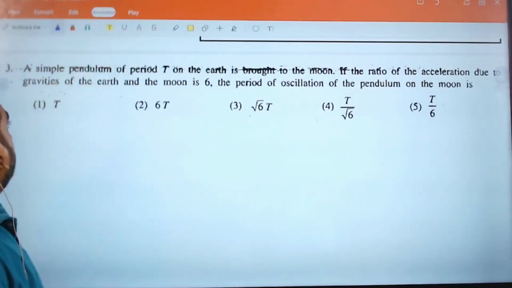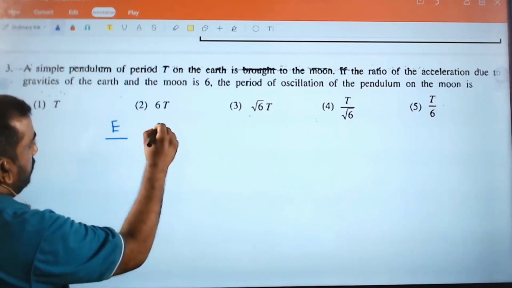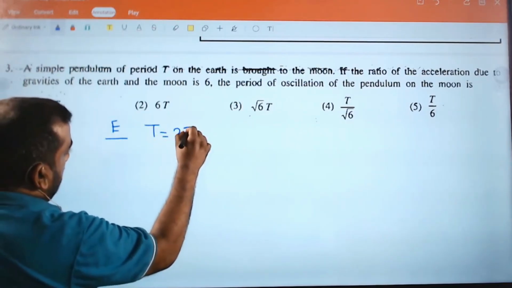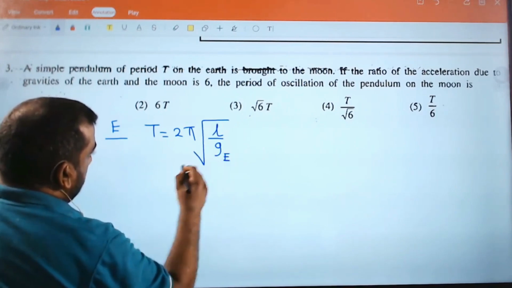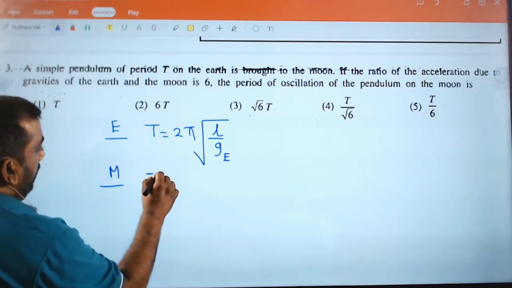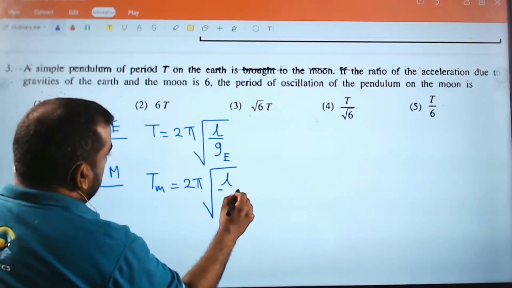Moving on. Third. A simple pendulum of periodic time T on Earth is brought to the moon. The ratio of the acceleration due to gravity of the Earth and the moon is 6. What is the period of oscillation of the pendulum? On Earth, T equals 2 pi square root L over g on Earth. On the moon, T equals 2 pi square root L over g on the moon.